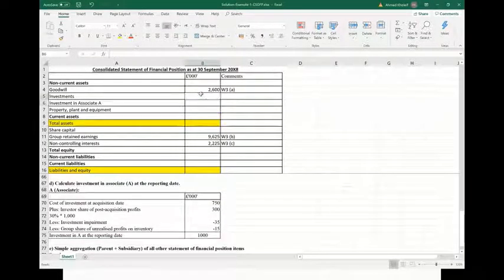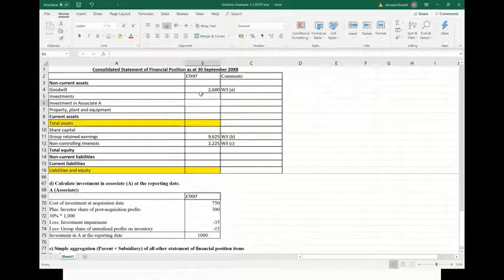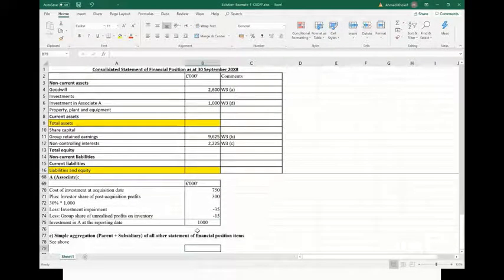This is mainly according to working 3D. Okay, so this is all the working, and then the next step is mainly simple aggregation of the parent plus subsidiary of all other statement of financial position items.